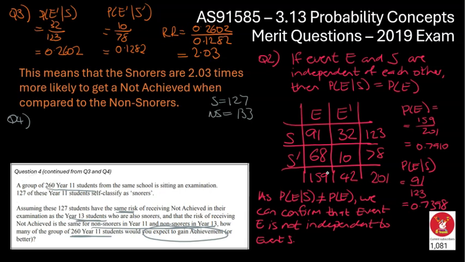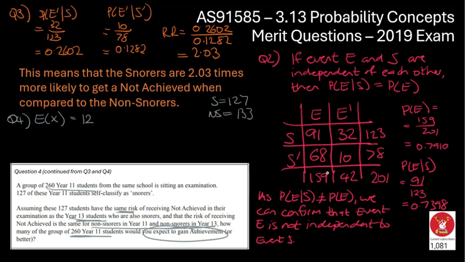Another thing to note is down the bottom there, it says the word expect, which makes me think it's going to be the expected value type calculation. So what I need to do is something to do with n times p. And I'm probably going to need to do this twice, one for the snoring group and one for the non-snoring group. So let's start off with the snoring group.